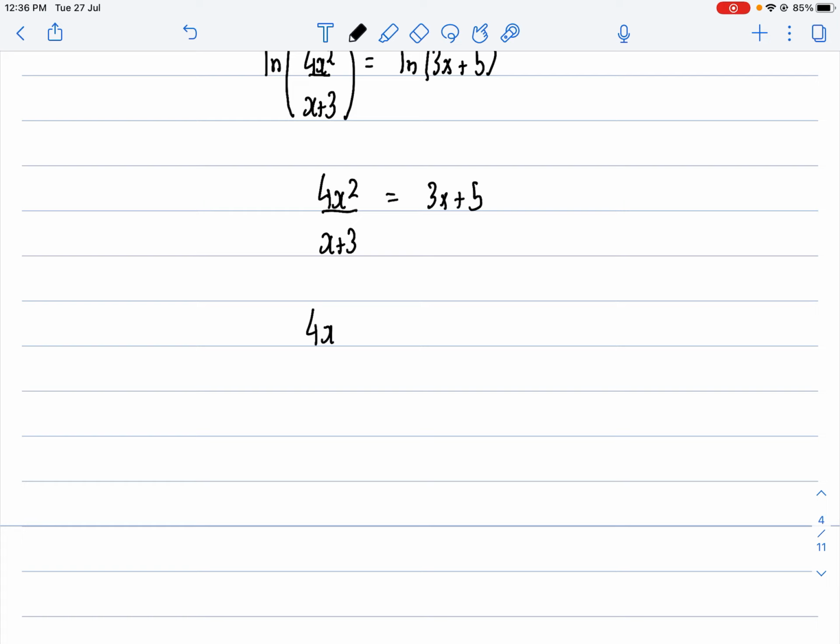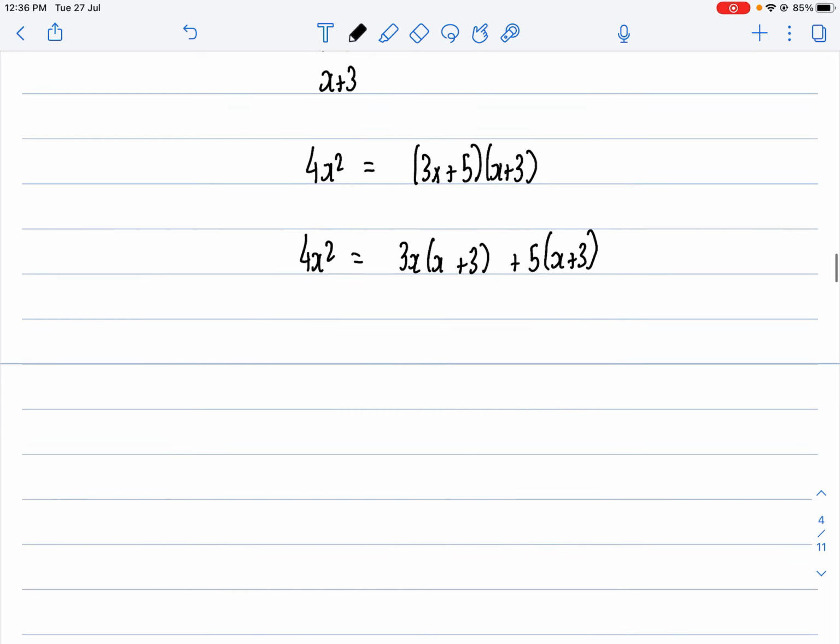So I get 4x square, which is equal to 3x plus 5, multiplied to x plus 3. So I can write this as 4x square equals 3x into x plus 3 plus 5 into x plus 3. Correct?